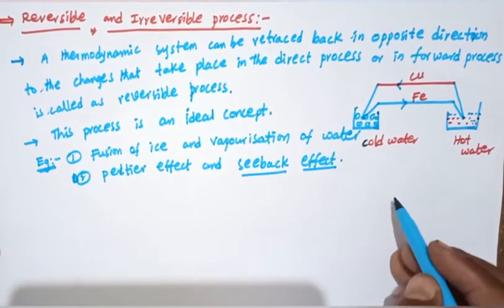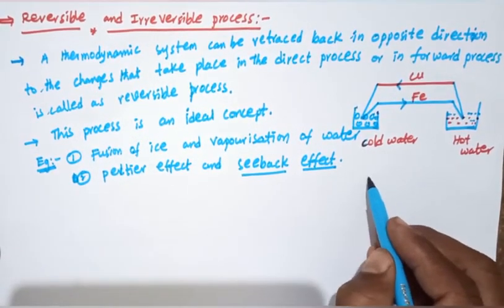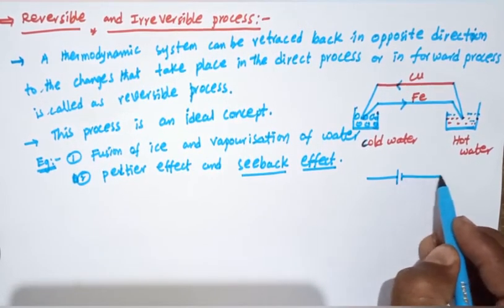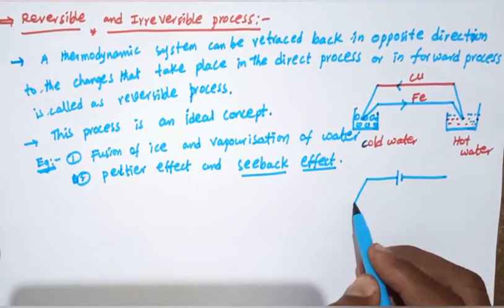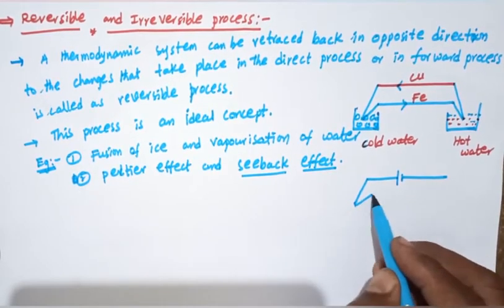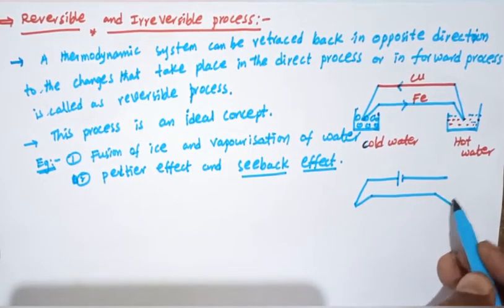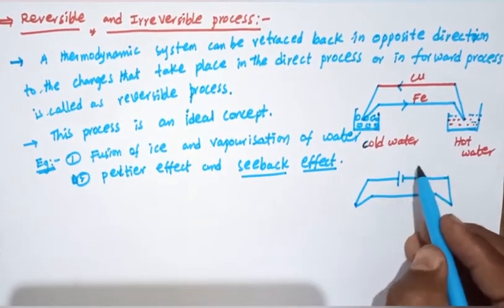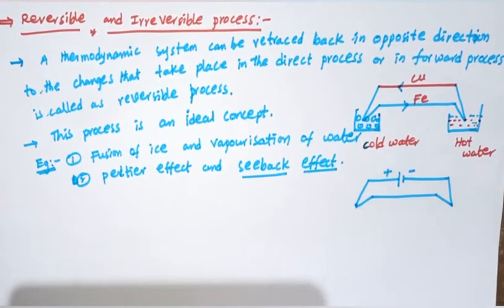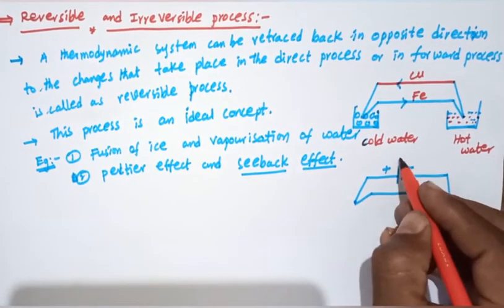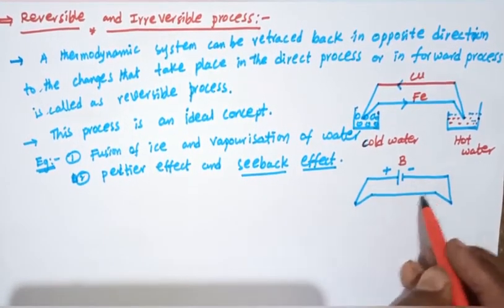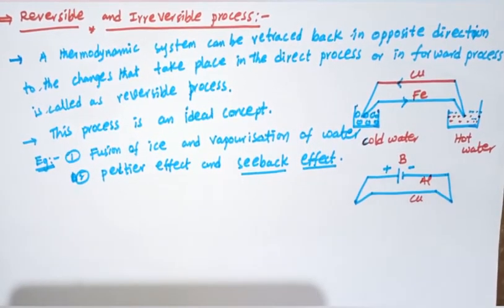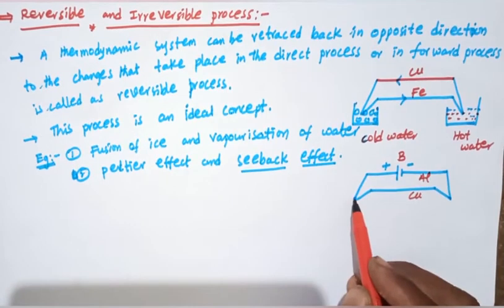Now, when a current is passed through two wires, this is the battery, and it is connected to a copper wire and an aluminium wire. At one junction we have water, and at the other junction also water.